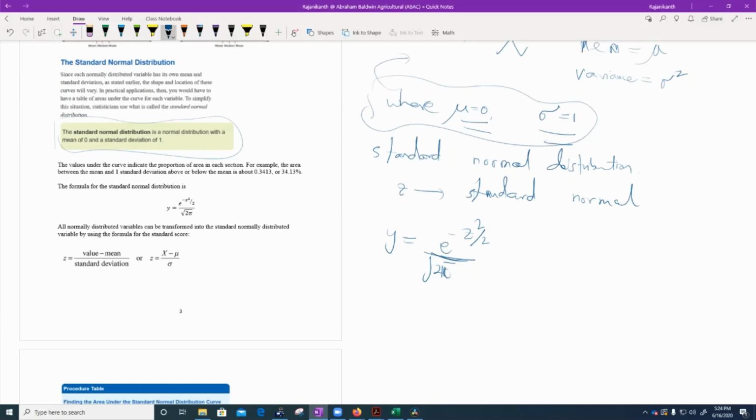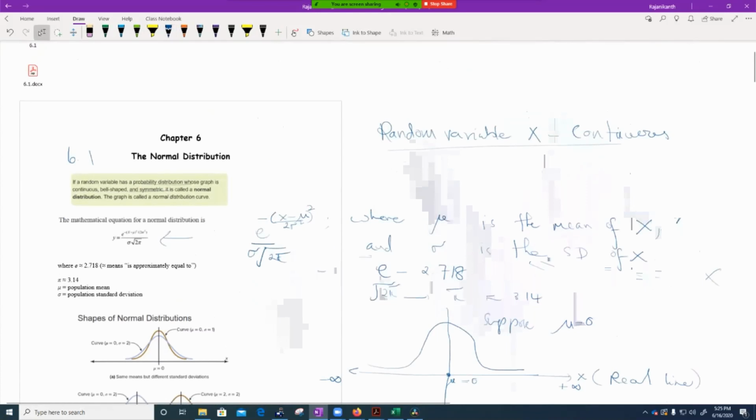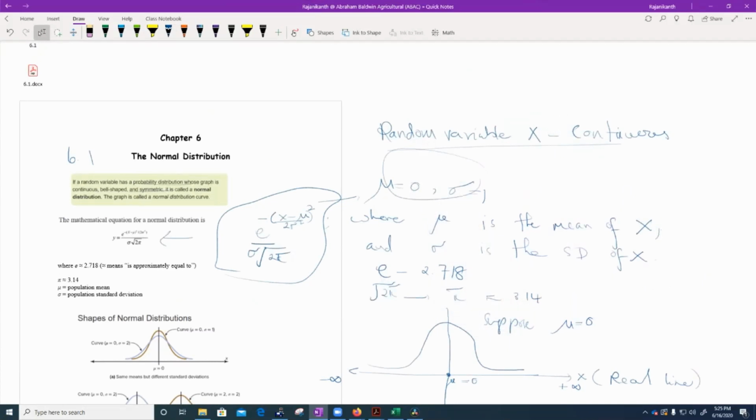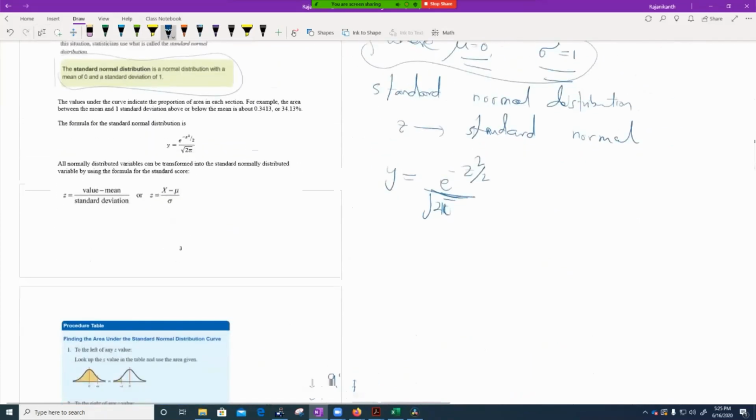So if you go back and check your normal distribution formula and plug in mu 0 and standard deviation 1, you will get a similar formula to this. Okay, so I'm giving all these theoretical explanations.